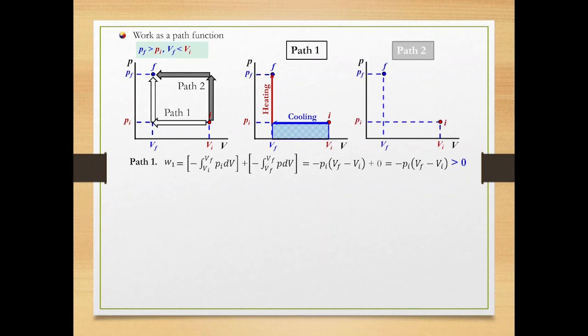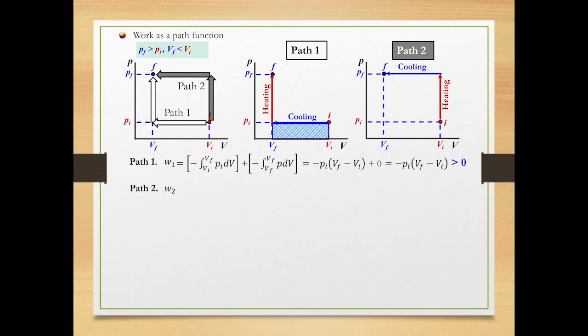How can path 2 be created empirically? You may heat the gas while maintaining the volume constant at Vi until the pressure of the gas increases from Pi to Pf. That's step 1. In the subsequent step, you may cool the gas, which would lead to volumetric compression from Vi to Vf under the constant pressure Pf.